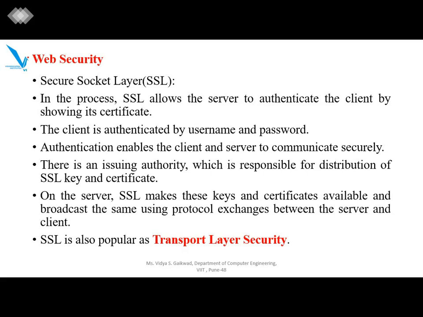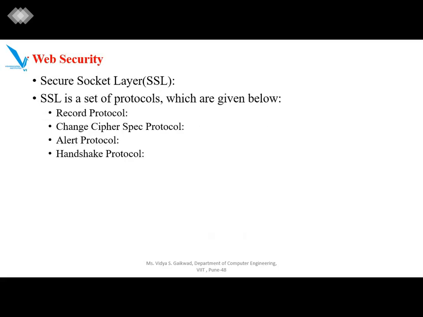SSL is also popular as Transport Layer Security. Now, SSL is a set of protocols which are given below. The very first protocol is record protocol. Second one is change cipher spec protocol. Next is alert protocol and the last one is handshake protocol.